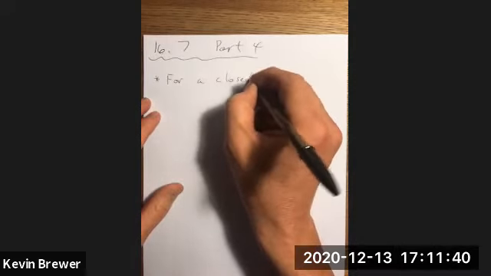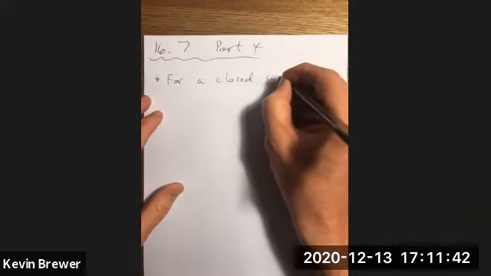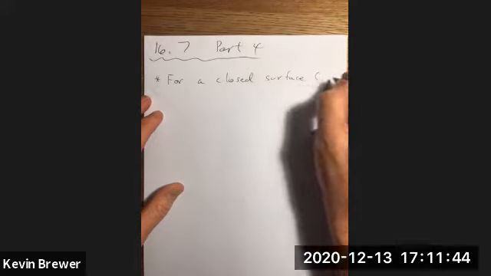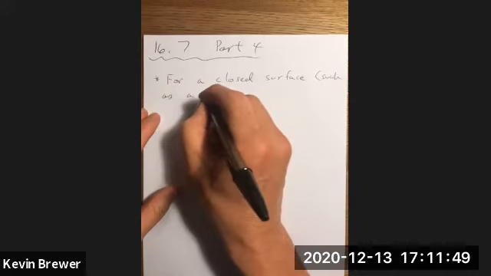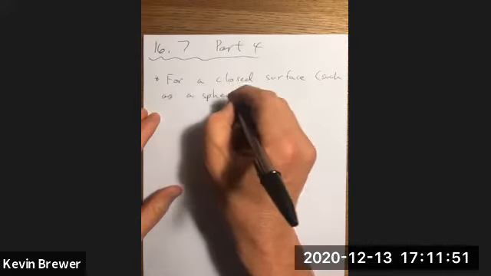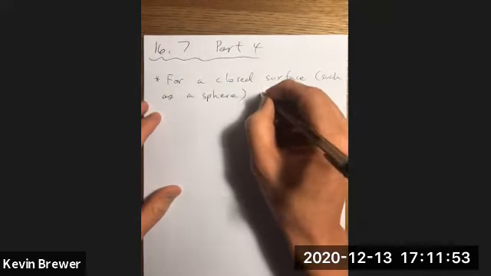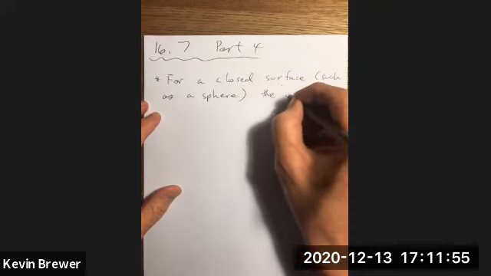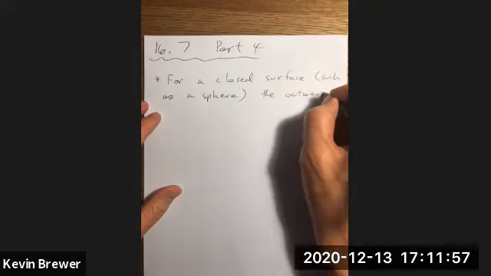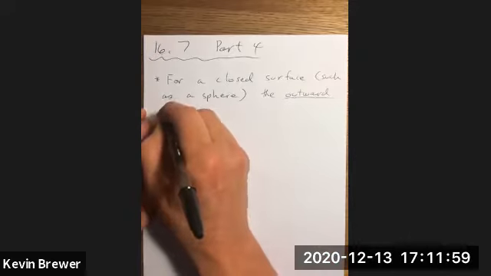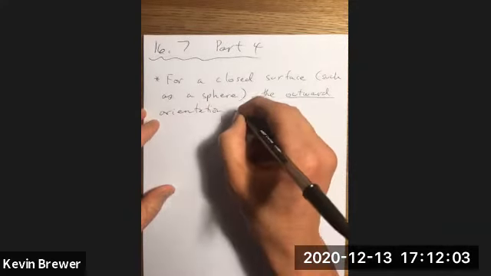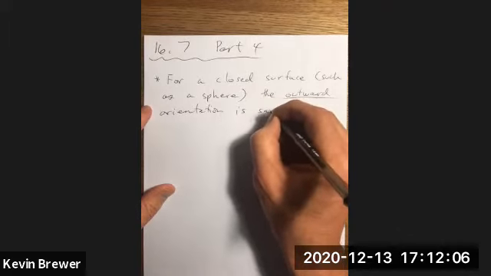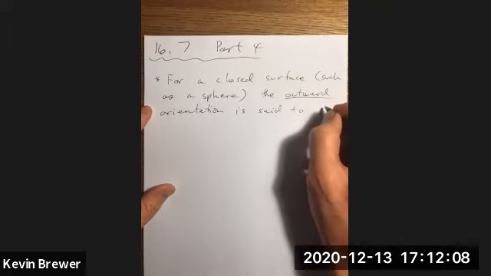For a closed surface, such as a sphere, the outward orientation is said to be positive.